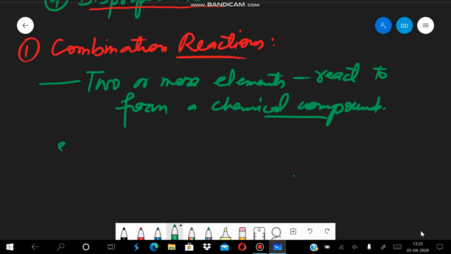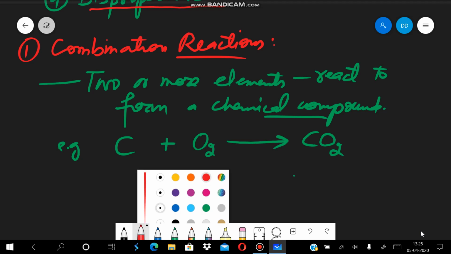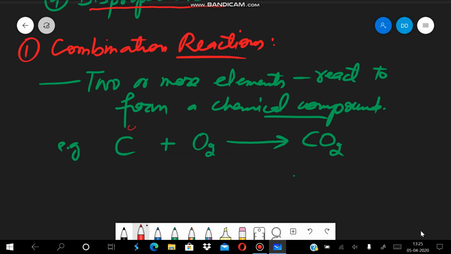For example, carbon undergoes combustion in presence of oxygen and forms carbon dioxide. In this case, we can see that carbon undergoes oxidation and oxygen undergoes reduction. So this is a redox reaction in which 2 elements, that is carbon and oxygen, combine to form a chemical compound.